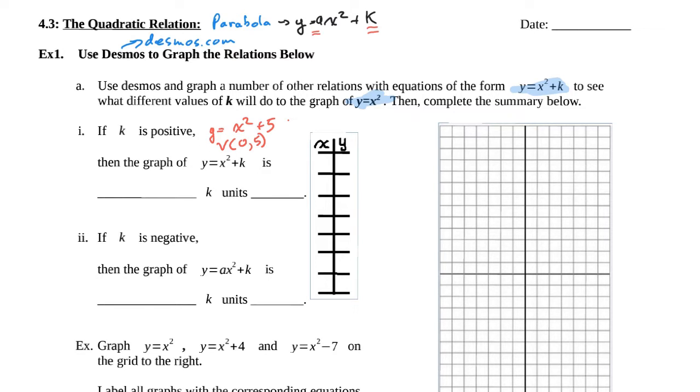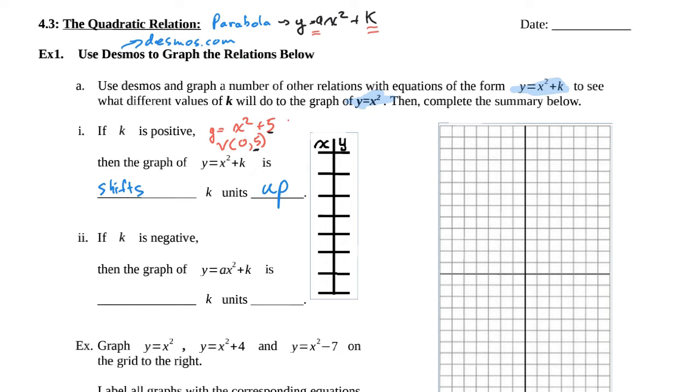You'll notice if k is positive 5, then the vertex has a 5 in the y spot of the vertex. So that means our graph shifts k units up, right?